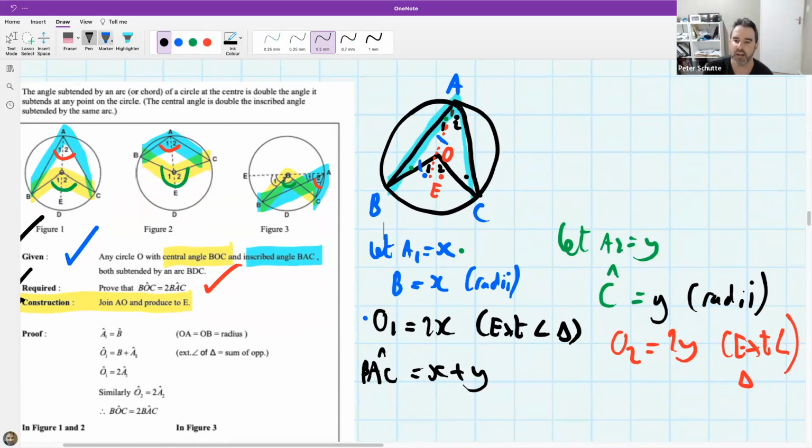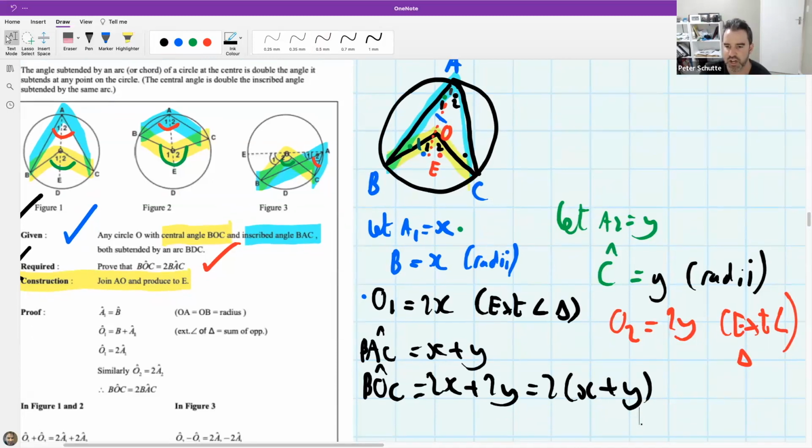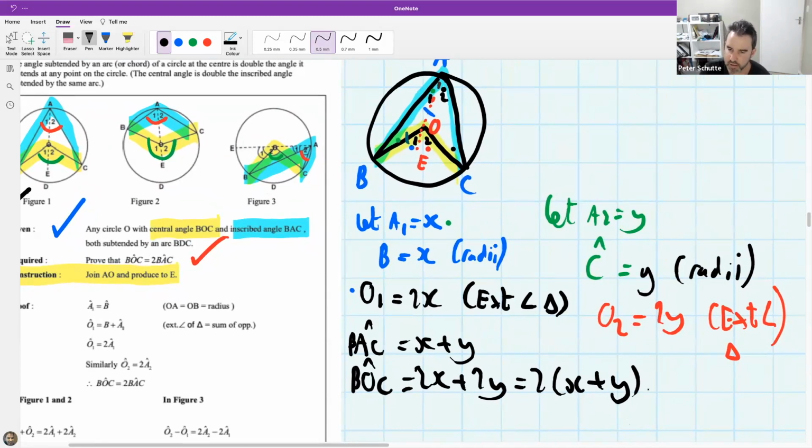Okay. And then angle BOC, which is here, is equal to 2x plus 2y. But I can factorize this and write that as 2 times x plus y.